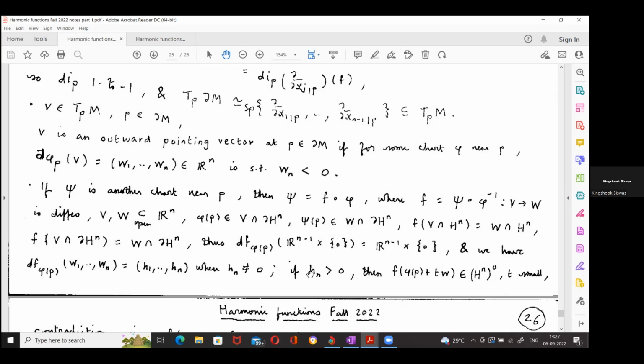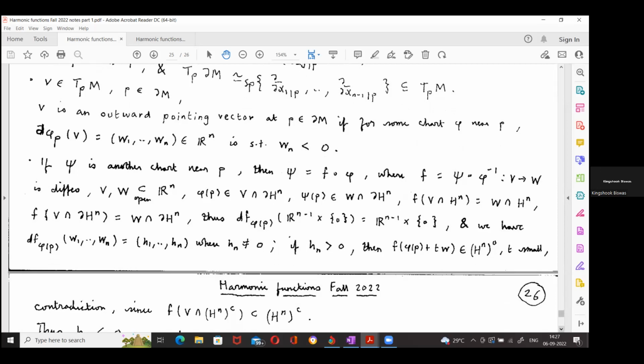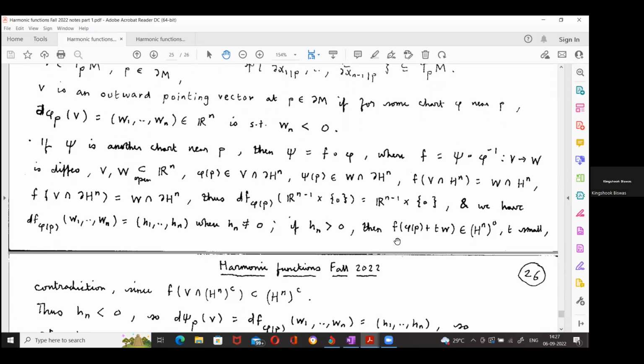But if hn is positive, then df is mapping this vector to a vector whose last coordinate is positive. Therefore, by the definition of the derivative, if I look at the straight line passing through phi p in the direction of the vector w, this gives me a curve.